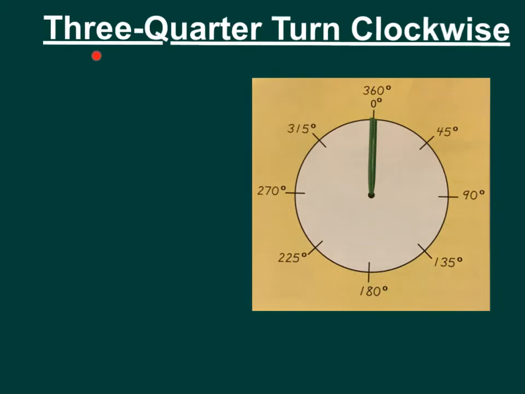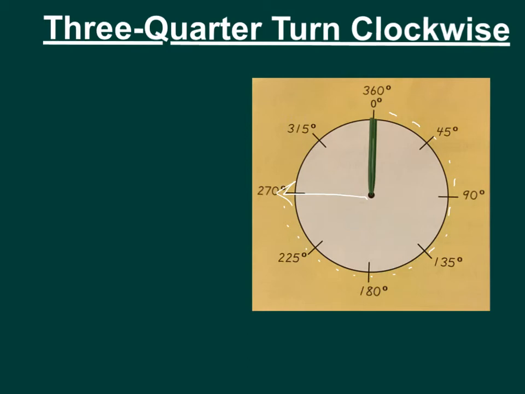Let's try a 3/4 turn clockwise. I'm going to move one of my rays 3/4 of the way through my circle. Notice I move my ray 3/4 of the way to the right, or clockwise.